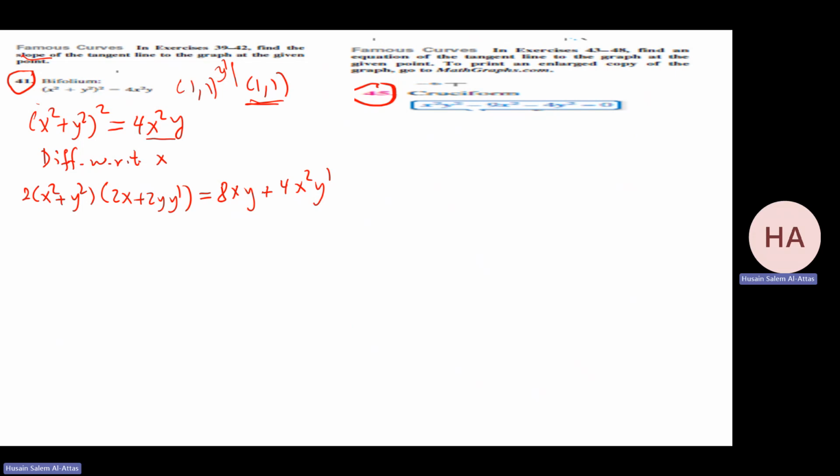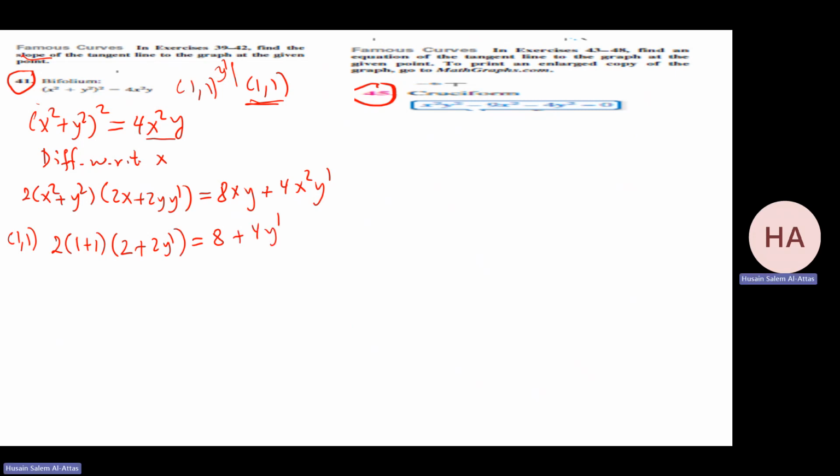Now I can try to combine the terms with y prime, or I can substitute right away. Yeah, I think I can substitute 1 and 1. That gives me 2 times 1 plus 1. Here I have 2 plus 2y prime, and I have 8 plus 4y prime.